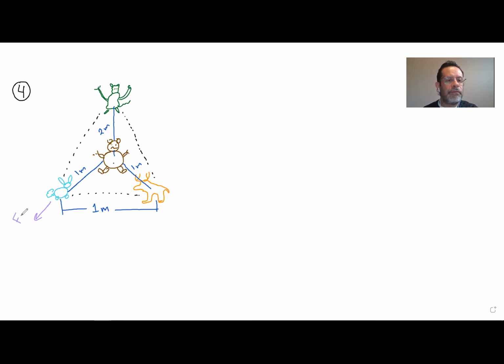I'm going to call this F bunny, 1 Newton. The deer, which apparently is the strongest, is exerting a 10 Newton force. And the monkey is exerting a 3 Newton force.